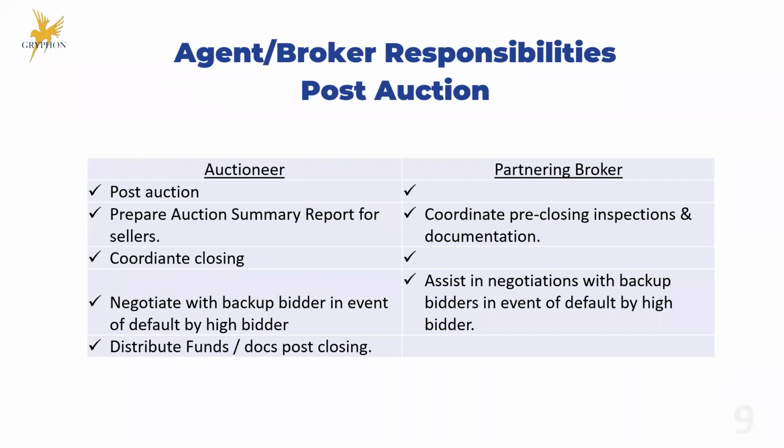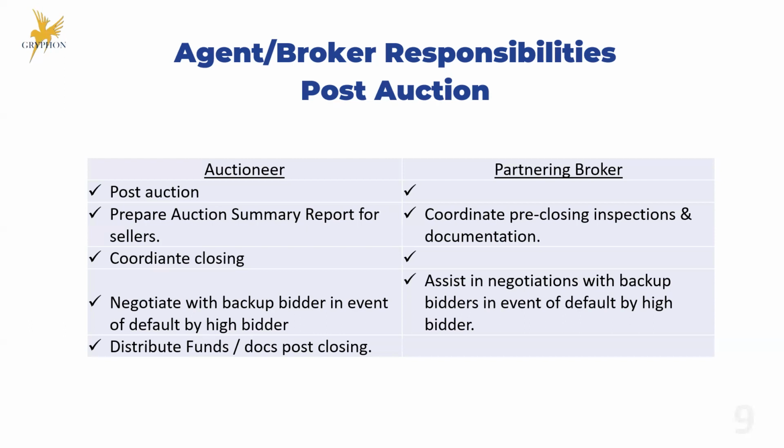Then again, on our side, we're going to coordinate the closing. In the event that we do need to go and deal with a backup bidder, we'll take care of identifying the backup bidder, trying to negotiate a contract with them, and then the distribution of funds and post-closing is really handled by the title company. But assuming we're using our preferred title company, it's something on our side that we make sure gets done.